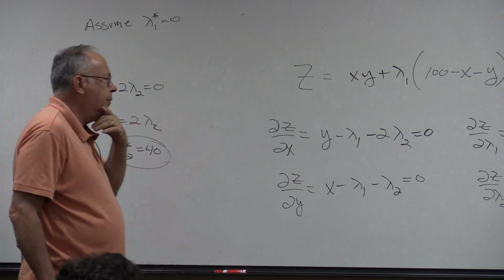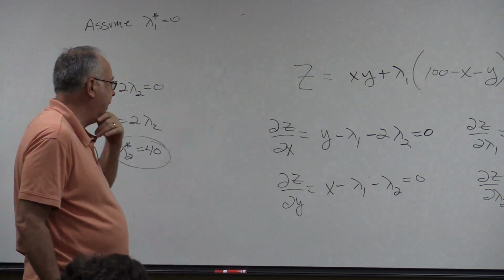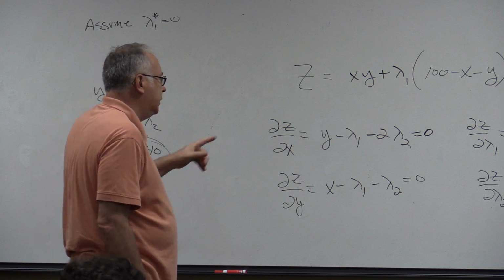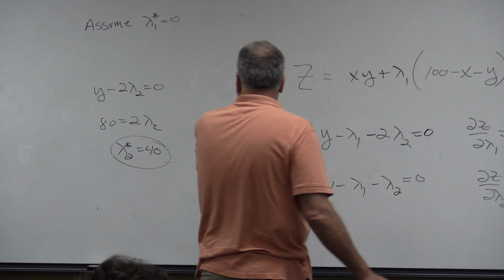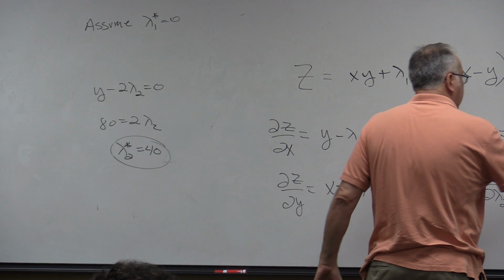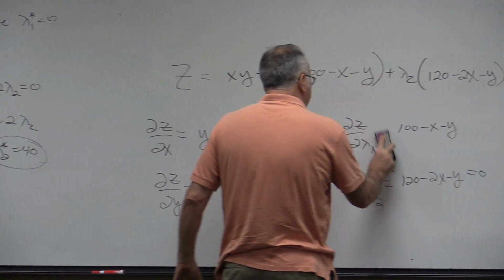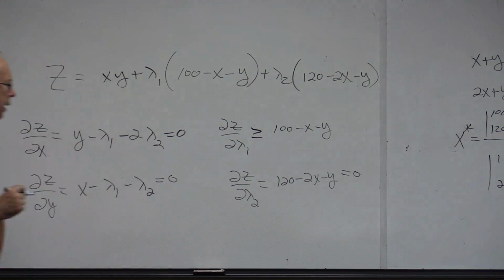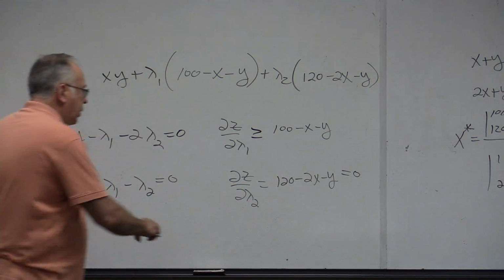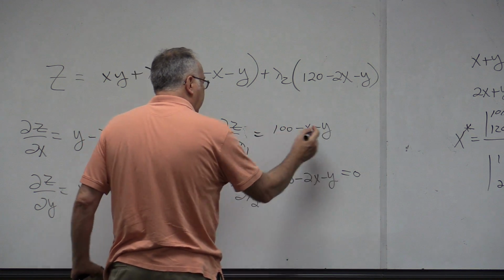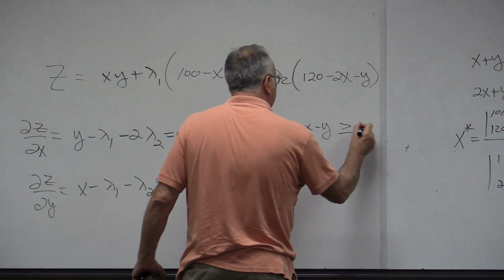The only thing we have to go back to is our x and y values. Let's look at partial z, partial lambda 1. This should be greater than or equal to 0.